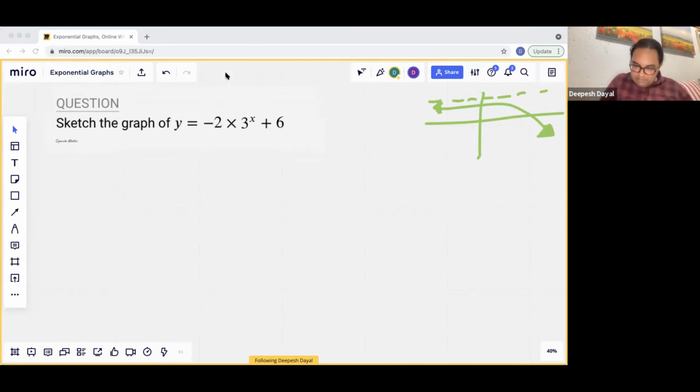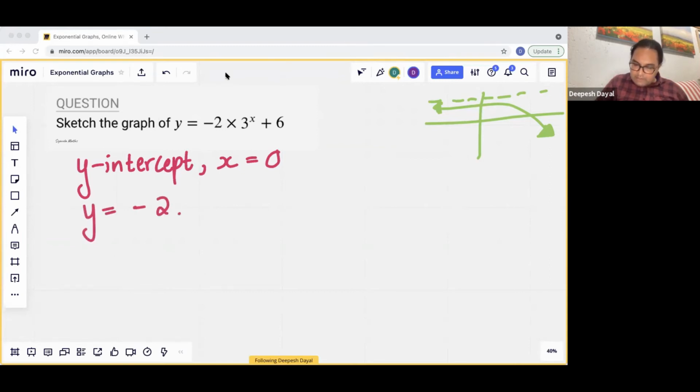So we're going to first start and say y-intercept, right? And at the y-intercept, we know here x equals 0. So we're going to say y equals minus 2.